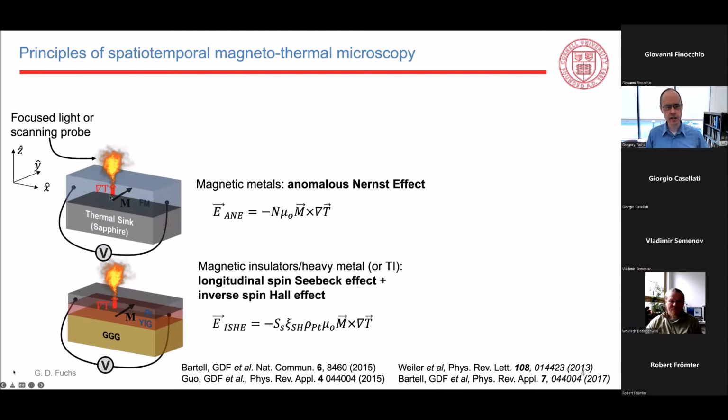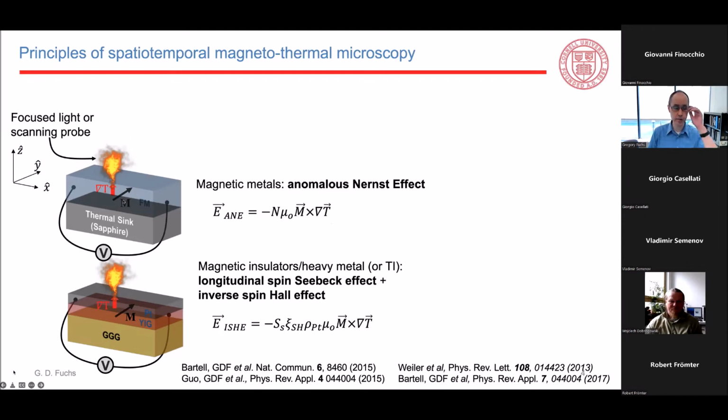And then that sets up a very local temperature gradient inside the sample, and that temperature gradient can couple to the magnetism of the sample in one of two ways. So if the material is a conducting magnetic sample, then there's going to be an anomalous Nernst effect. This is just the thermal dual to the anomalous Hall effect, in that you get an electric field when you have a cross product between M and the gradient.